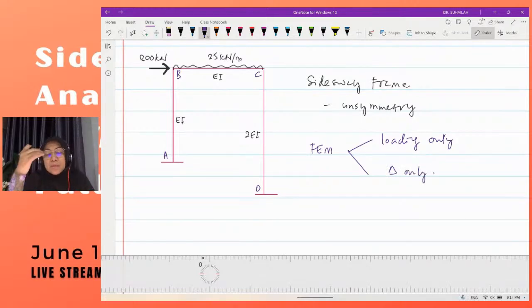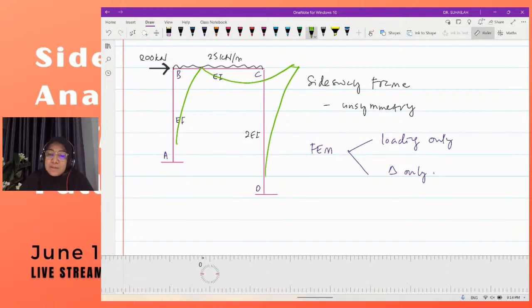So we have to be able to divide this frame into two conditions based on fixed end moment: one due to loading, one due to delta. Of course, due to unsymmetrical loading, the frame tends to side sway to the right direction.